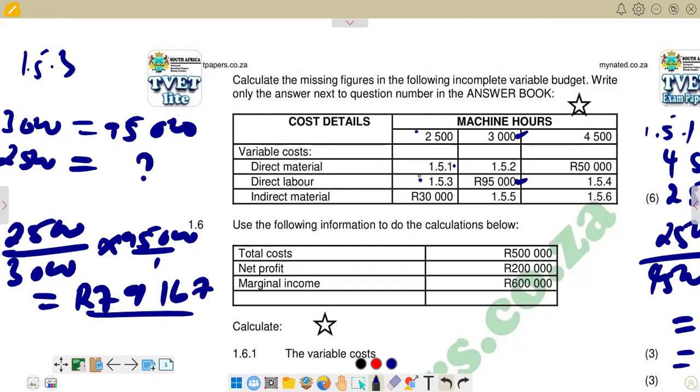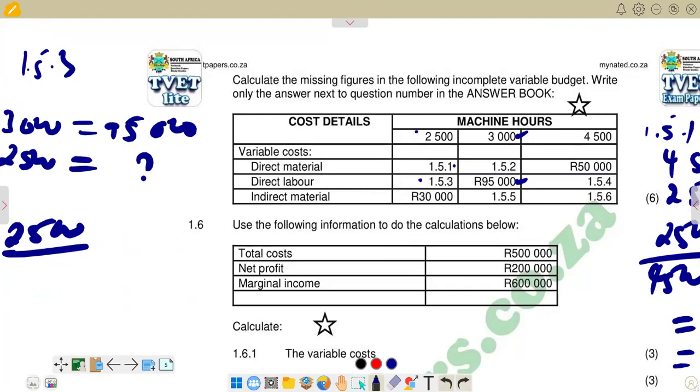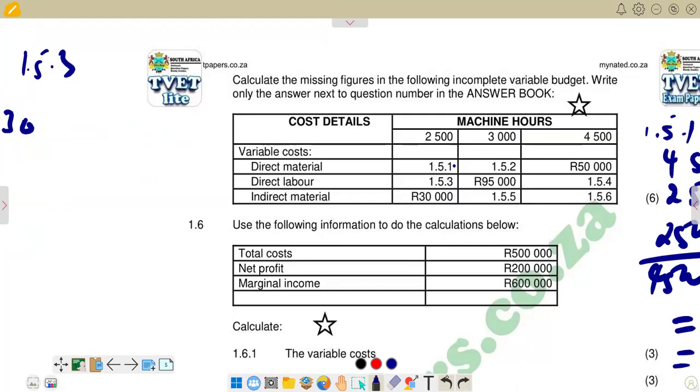So we can as well go and calculate the next one, which is 1.5.4, which is here. Use proportion again there. Right. So this is what we have. We are going to go to 1.5.4. We are again saying 3,000 equals 95,000.